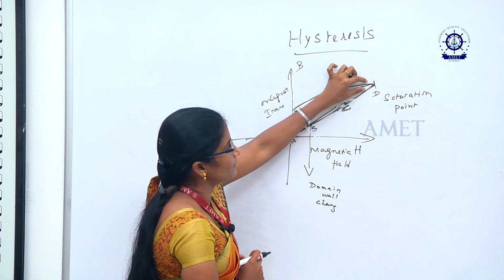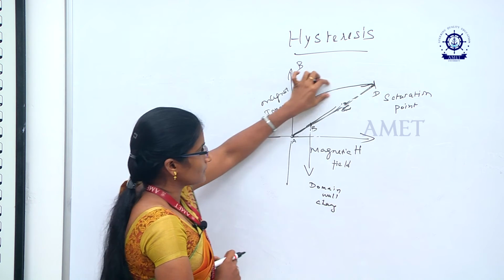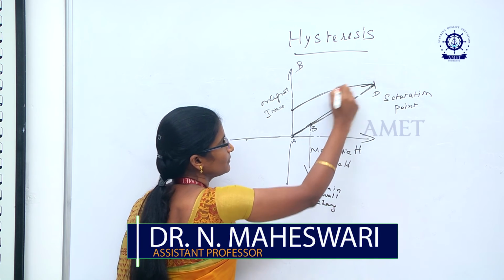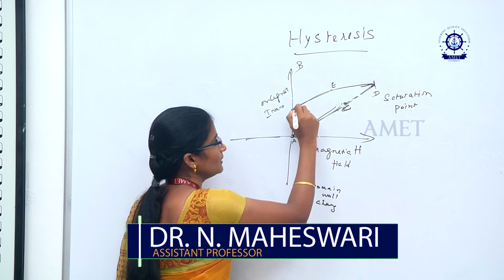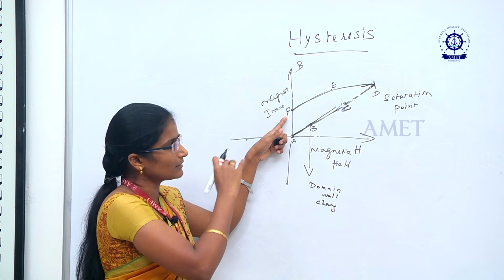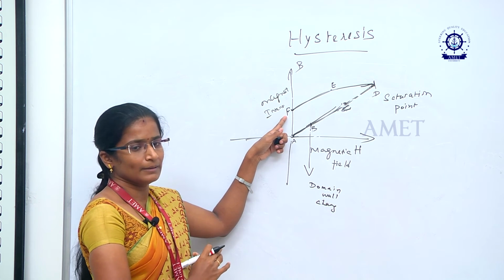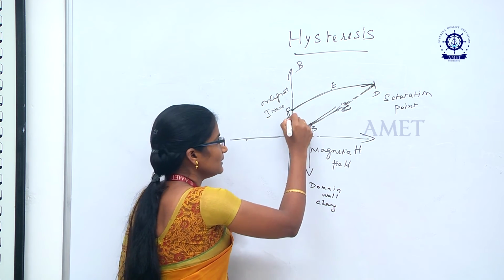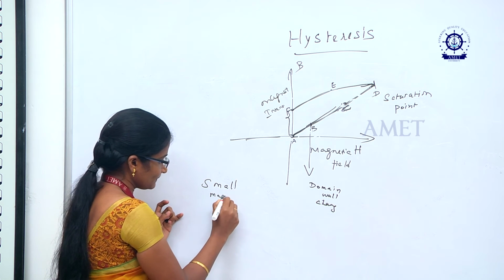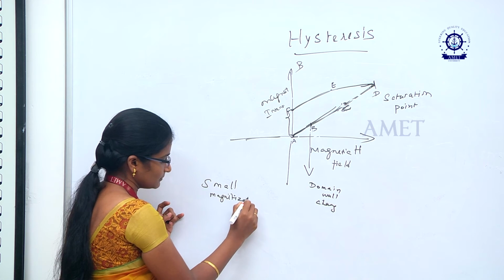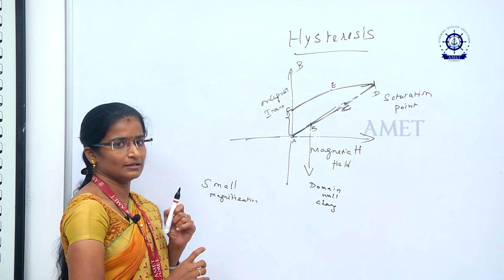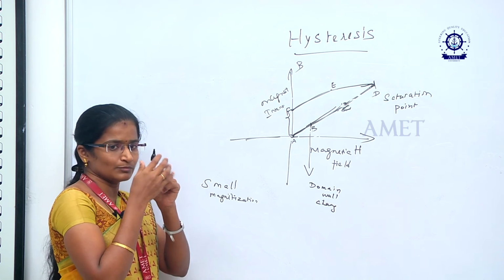So we are removing the magnetic field. At the place of D, we are removing the magnetic field. At the place of F, the magnetic field is removed from the material, but the material still has some small magnetization. That means after removing all the magnetic field, the material still has some small magnetization.